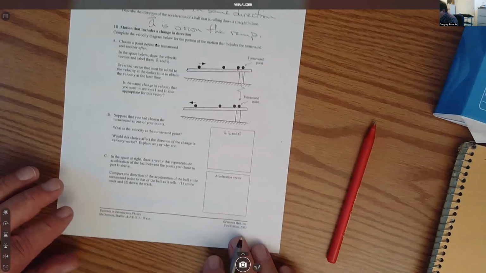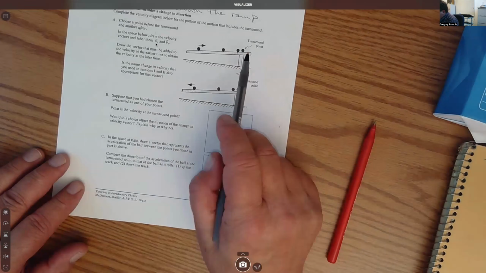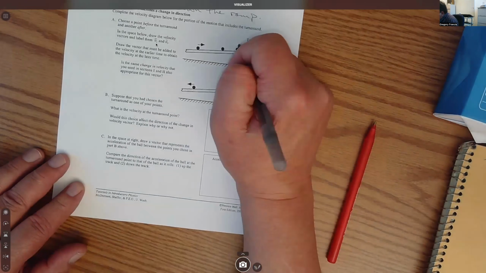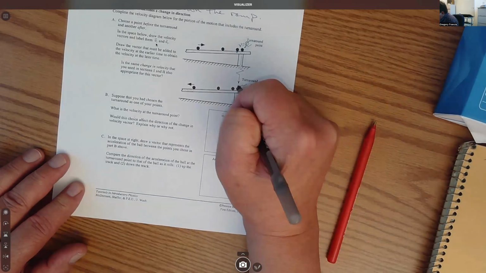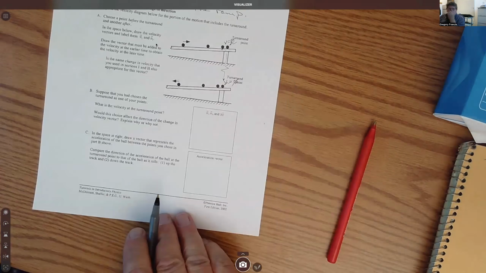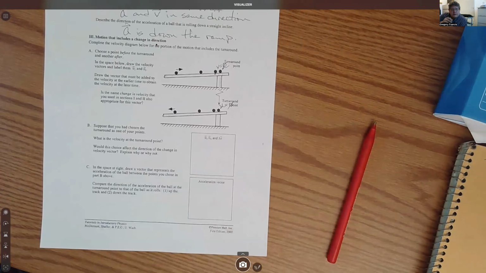Now, let's look at the turnaround point where the velocity is equal to 0. In order to find an acceleration, we need 2 instances in time because we need a change in velocity vector to put into our definition of acceleration.